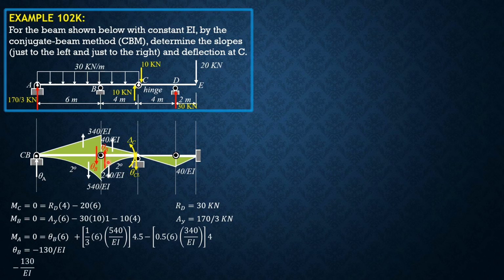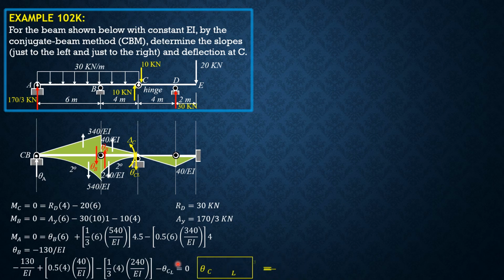So negative 130 over EI plus 0.5 of 4 times 40 over EI, then minus 1/3 of 4 times 240 over EI, the area of the second degree curve, then minus theta C left equals 0. So from here we can solve theta C left. Theta C left is equal to negative 370 over EI.